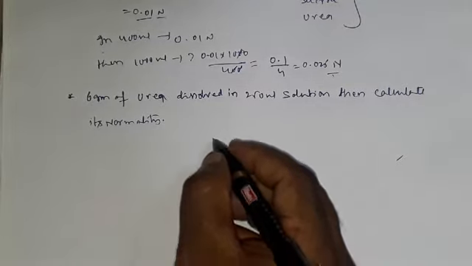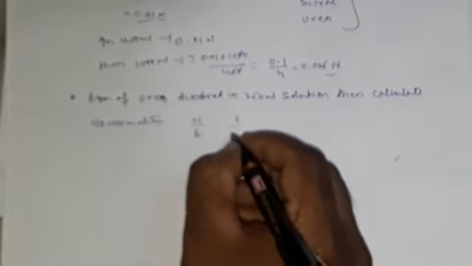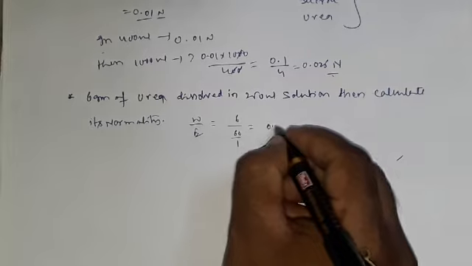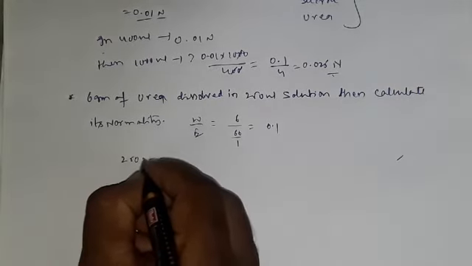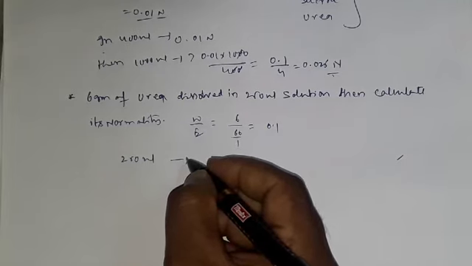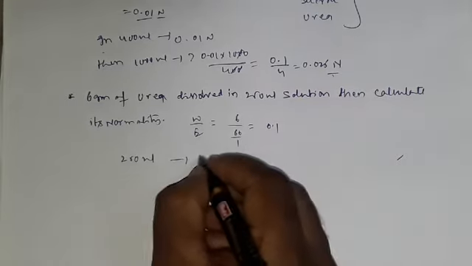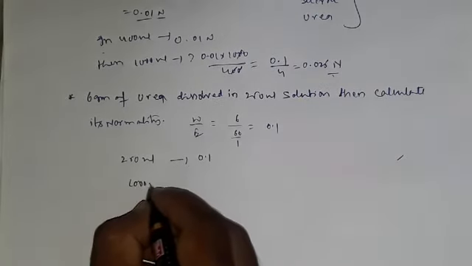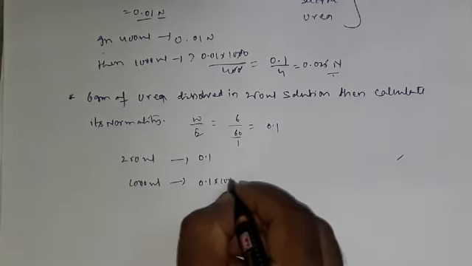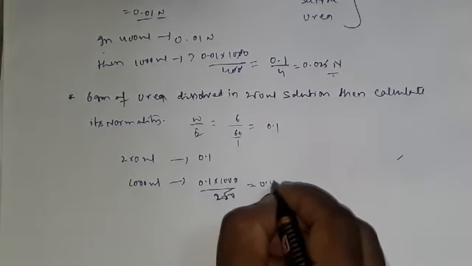So you can write the formula weight by equivalent weight. Weight is 60, equivalent weight is 60 by 1. That is equal to 0.1 in 250 ml, then for 1000 ml, 0.1 into 1000 by 250. So it is equal to 0.4 normal.